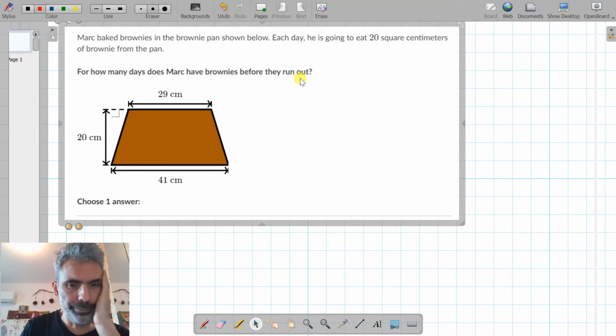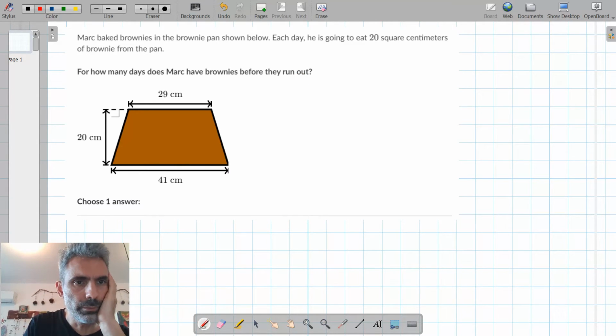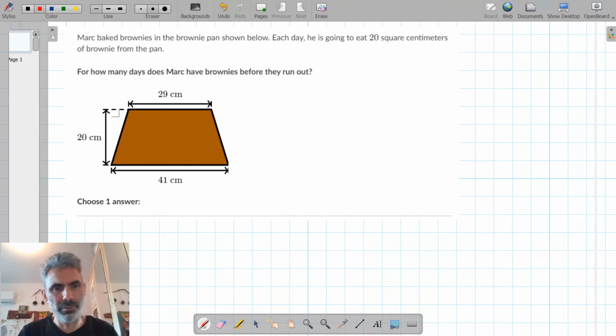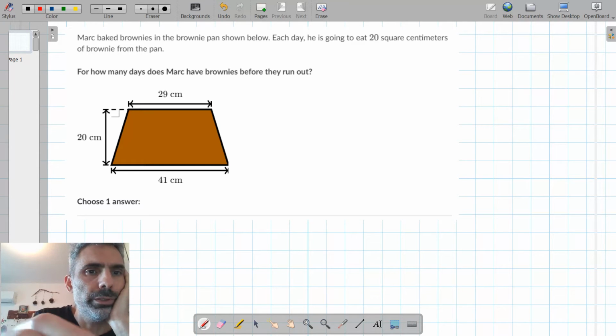Okay, so let's see. So this is a trapezoid.